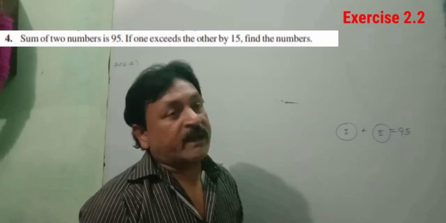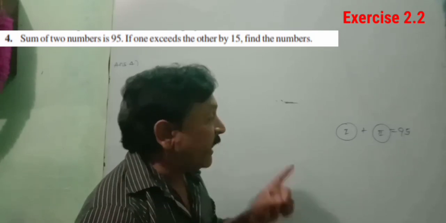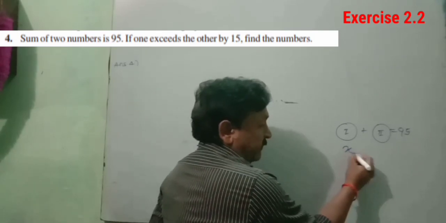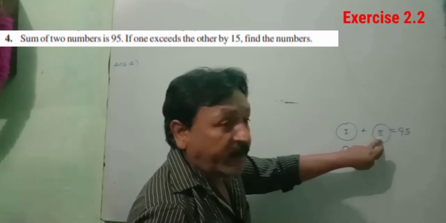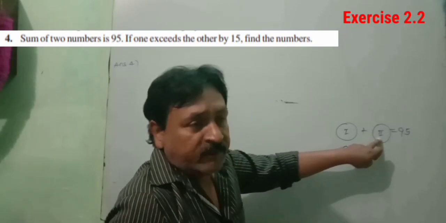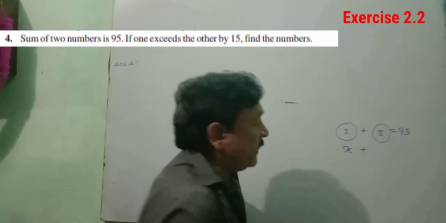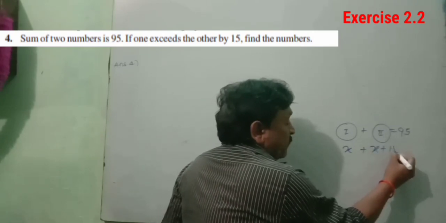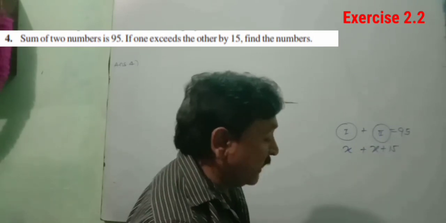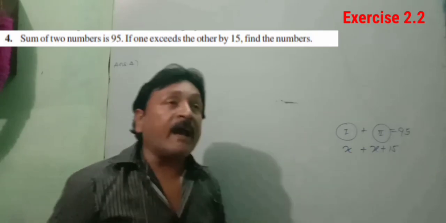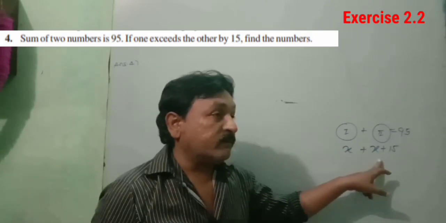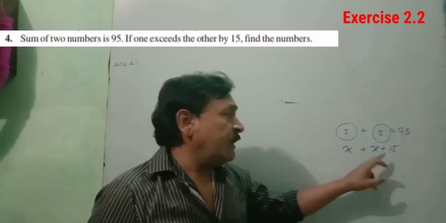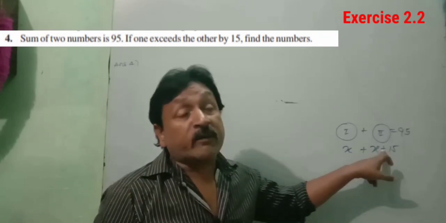if one exceeds the other by 15, it means if one number is x, then another number will be either 15 less or 15 more. We can say it is x plus 15. But why have I written x plus 15 here?